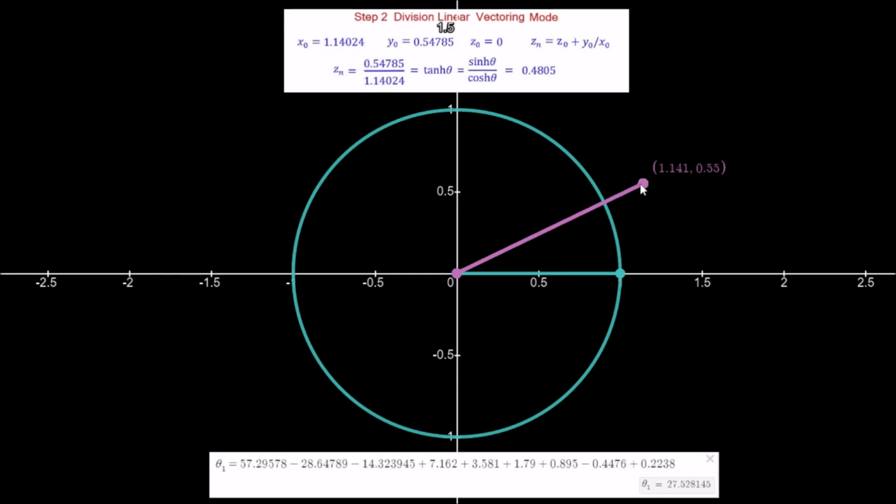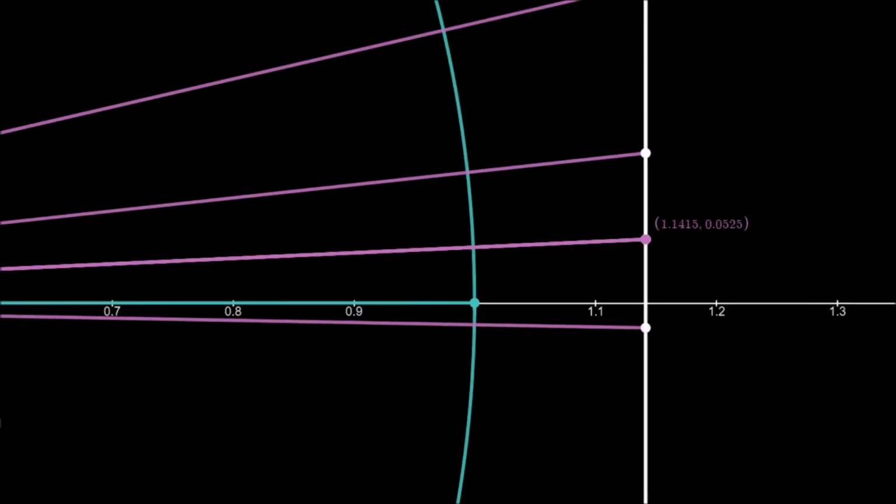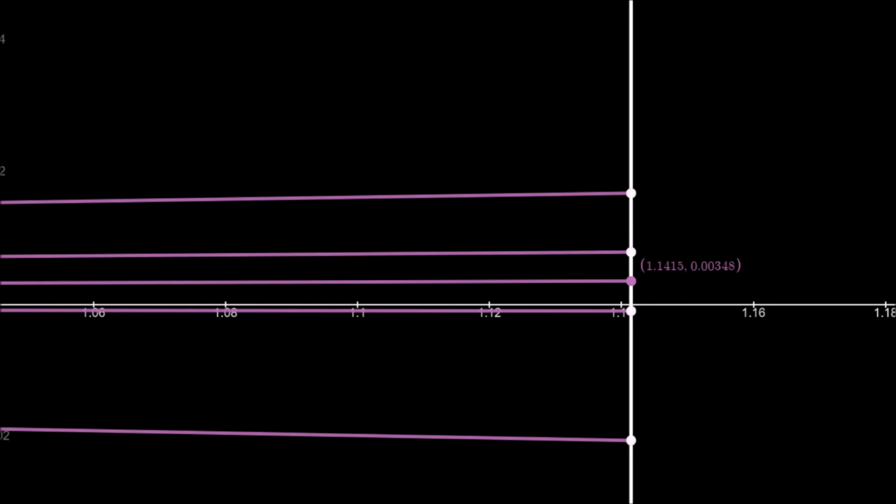Now we're going to have to subtract off and add on the angles in order to make this yi tend towards 0 because we're in the vectoring mode. So let me go ahead and I'll do that just now. So you can see the value for our y has tended towards 0.